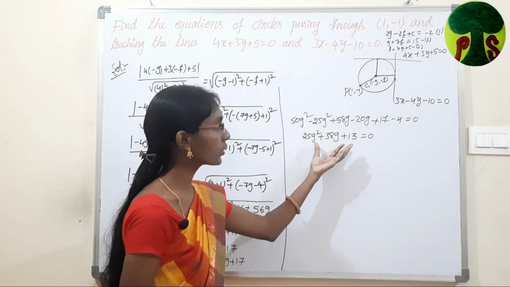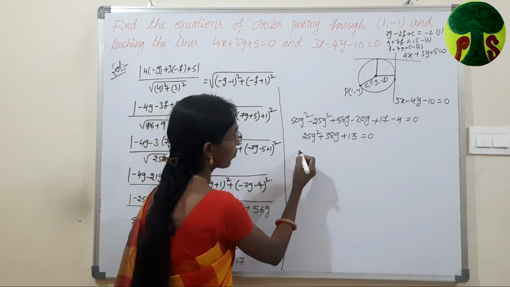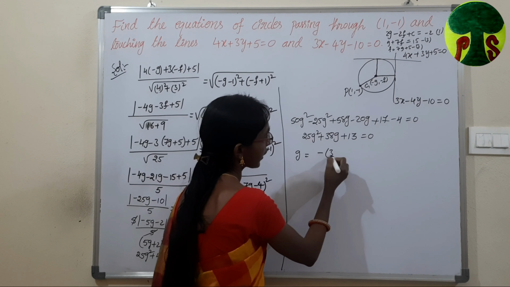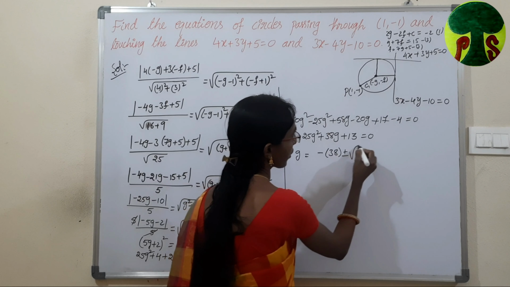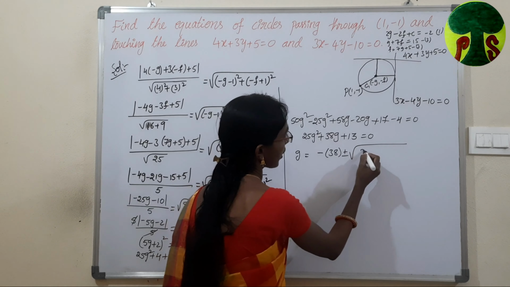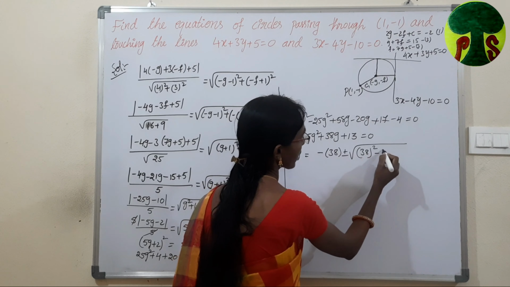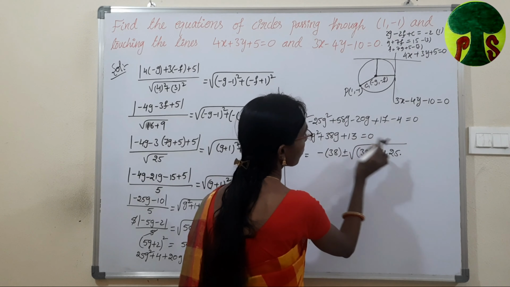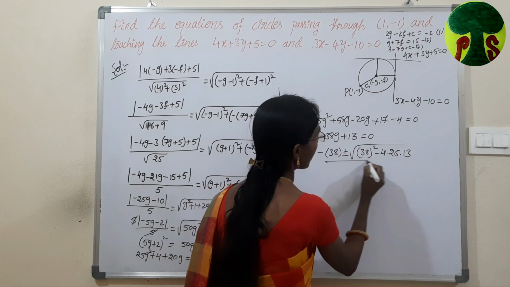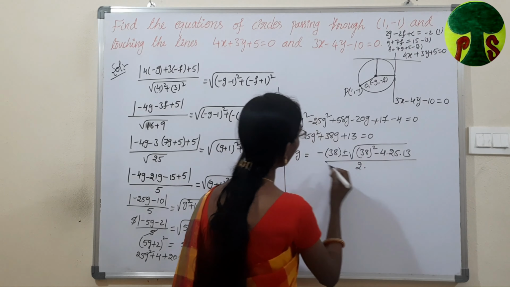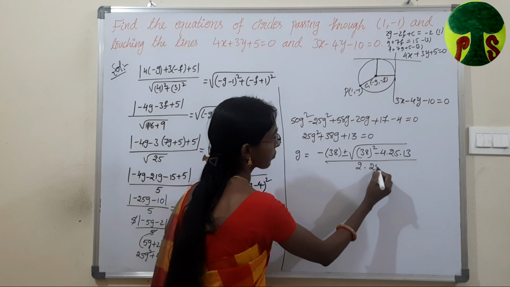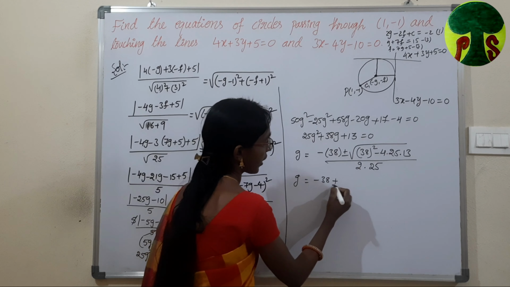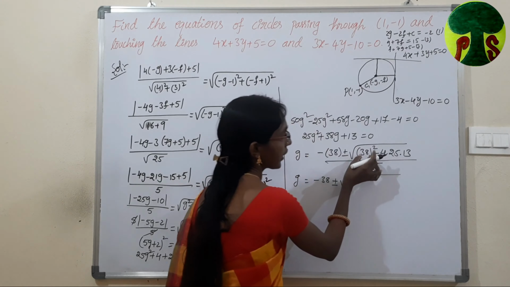We have to find the roots of g by using the formula. So g is equal to minus b, so here b means 38, plus or minus square root of b square. So b square value is 38 whole square, minus 4 into a is 25 into the value of c is 13, divided by 2a, 2 into the value of a is 25. So g is equal to minus 38 plus or minus square root of 38 whole square.